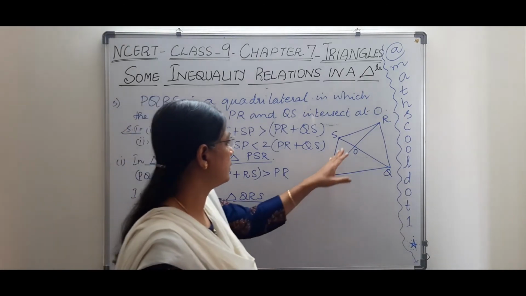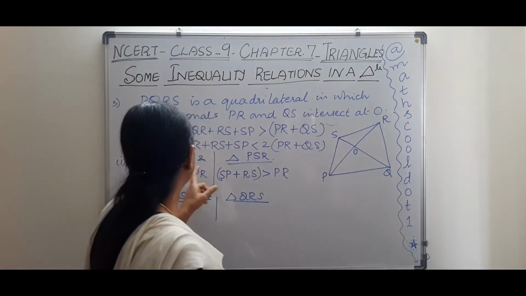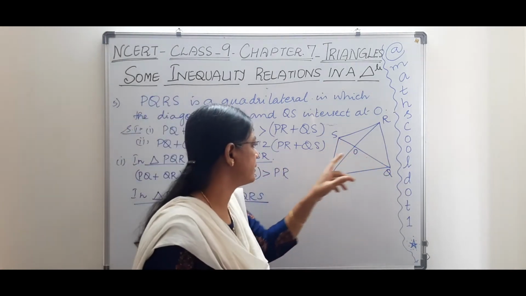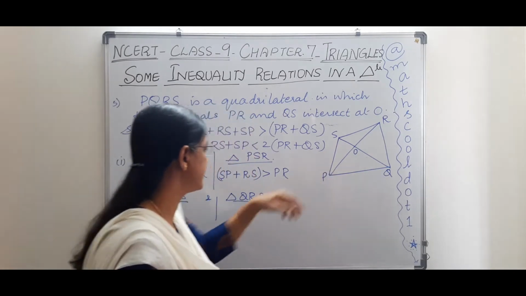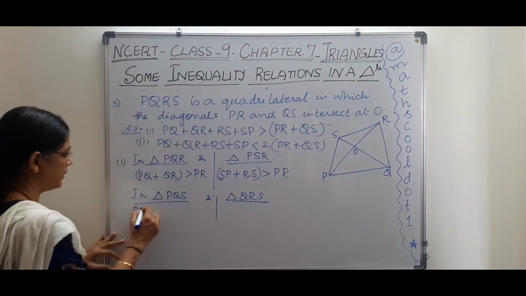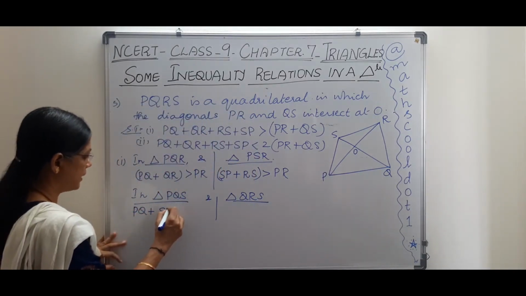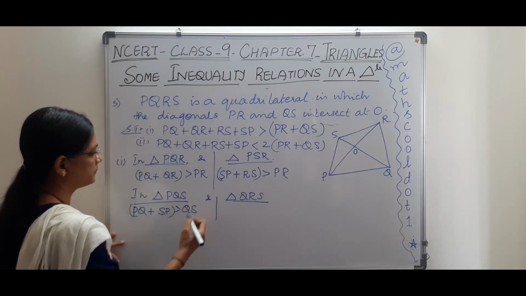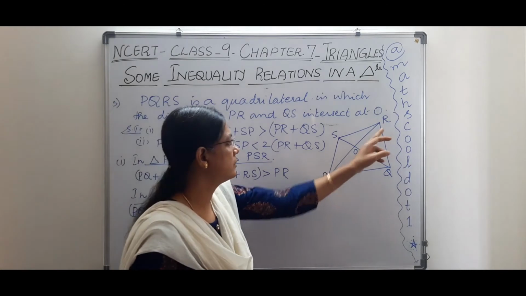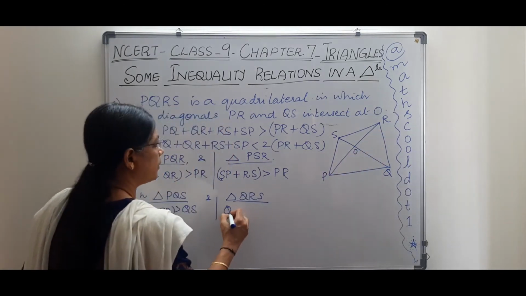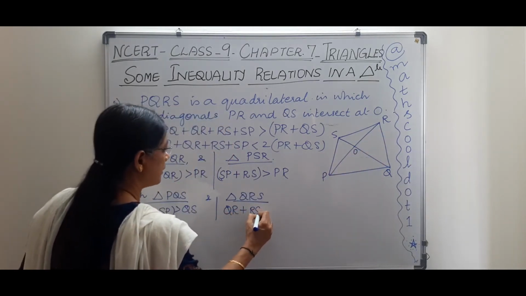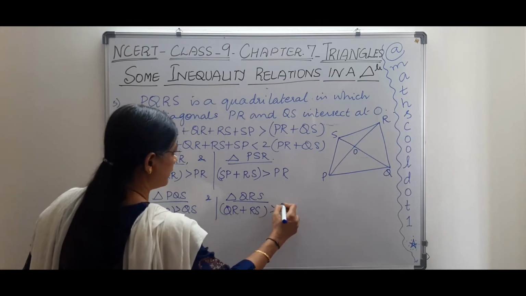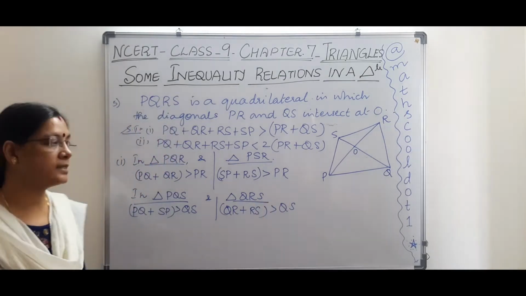For QS, PQ plus SP is greater than QS. Next, QR plus RS is greater than QS. Do you understand now? So let us check it out.